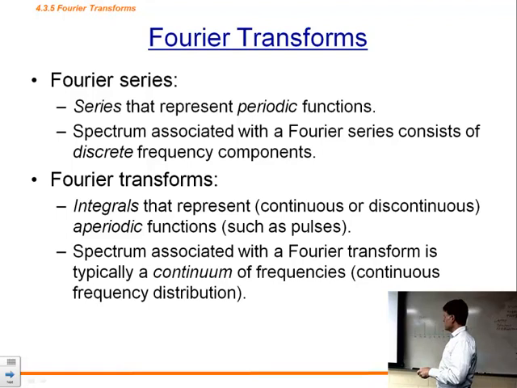What instead I will get is that the spectrum is going to be a continuum of frequencies. In some sense, maybe all possible frequencies, all real numbers, from minus infinity to plus infinity, are somehow contributing to the pulse. So not discrete multiples of the fundamental anymore, but in fact all possible frequencies might be contributing to the pulse.